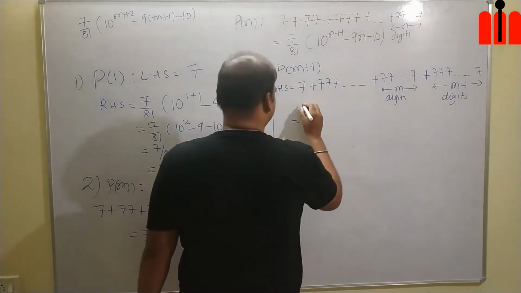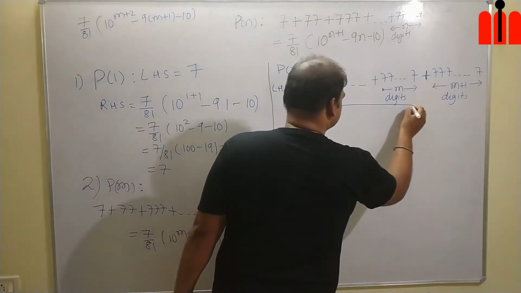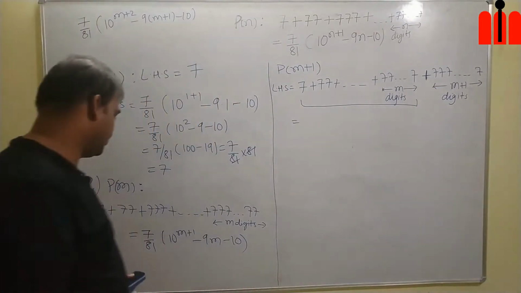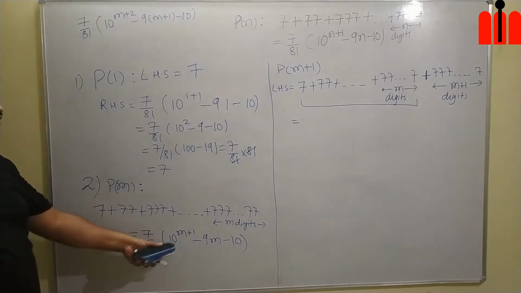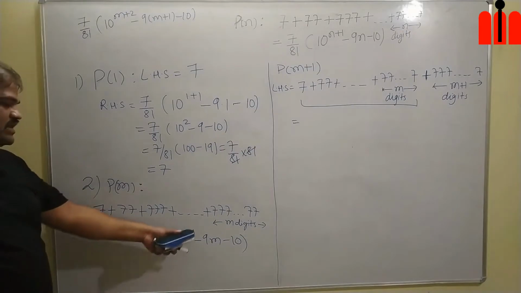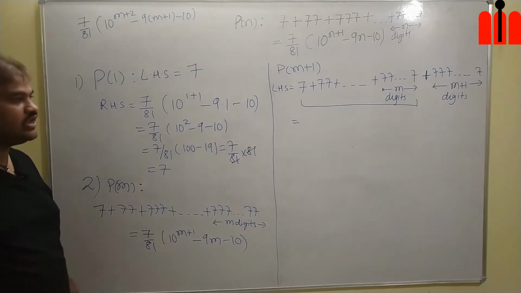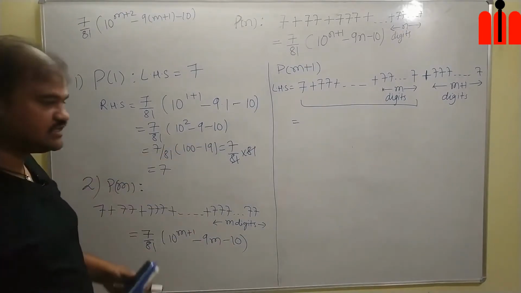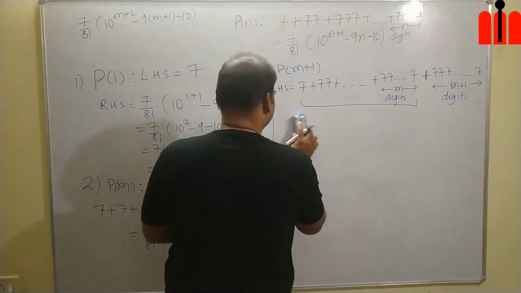Now, in this sum, this entire thing we can substitute by 7/81 times 10 to the power of m plus 1 minus 9m minus 10. Okay, because this is from our concrete statement and we have to use our PM statement.